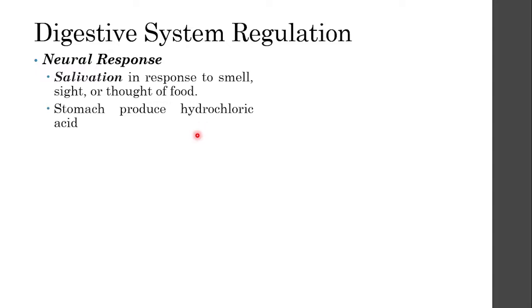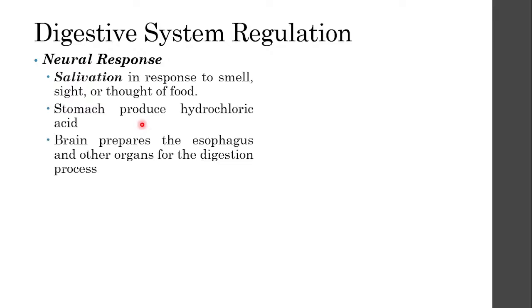But when you see food, smell food, especially if you have fasted, you haven't eaten anything, and then you saw food, you smell it, then you start to maglaway, your stomach is also starting to produce hydrochloric acid, and your brain will start to prepare the rest of your organs, more specifically the esophagus and the other organs for digestion, to prepare for eating.